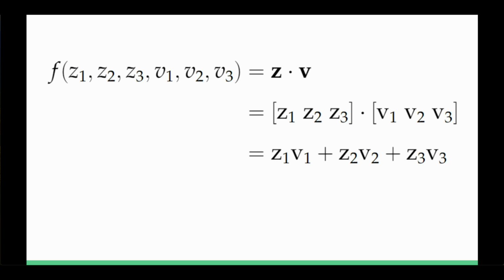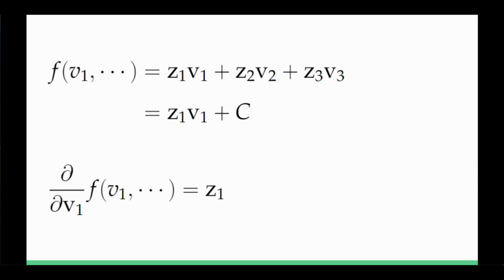So it's appropriate to use the chain rule like any other function you've seen before. In fact, if we ignored the other vector components of v by holding them fixed, then we see that the dot product is simply a linear function of v1. It makes sense. If we slightly nudge the value of v1, then the value of the dot product will increase linearly by a scaling factor of z1.